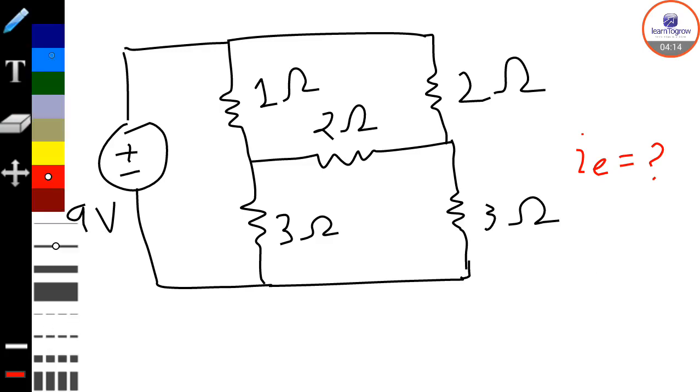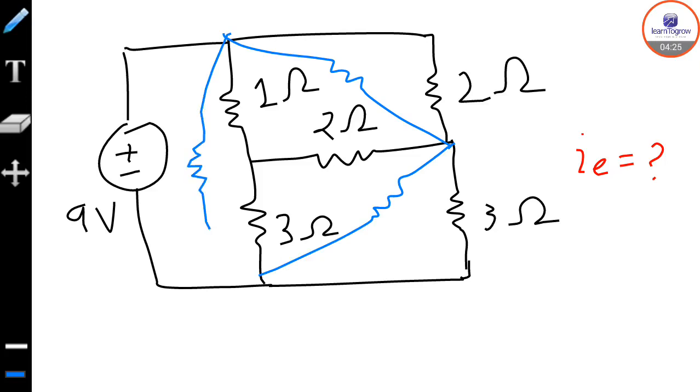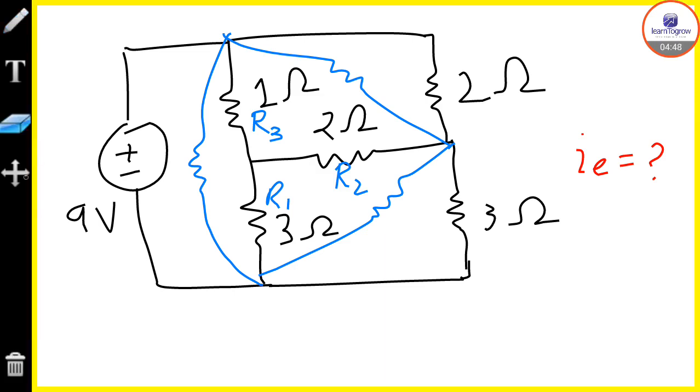For R equivalent, we will first change the wye connection into a delta connection. Let's consider this one as R1, this as R2, and this as R3. Initially we have R1, R2, and R3, and we will get RA, RB, and RC.